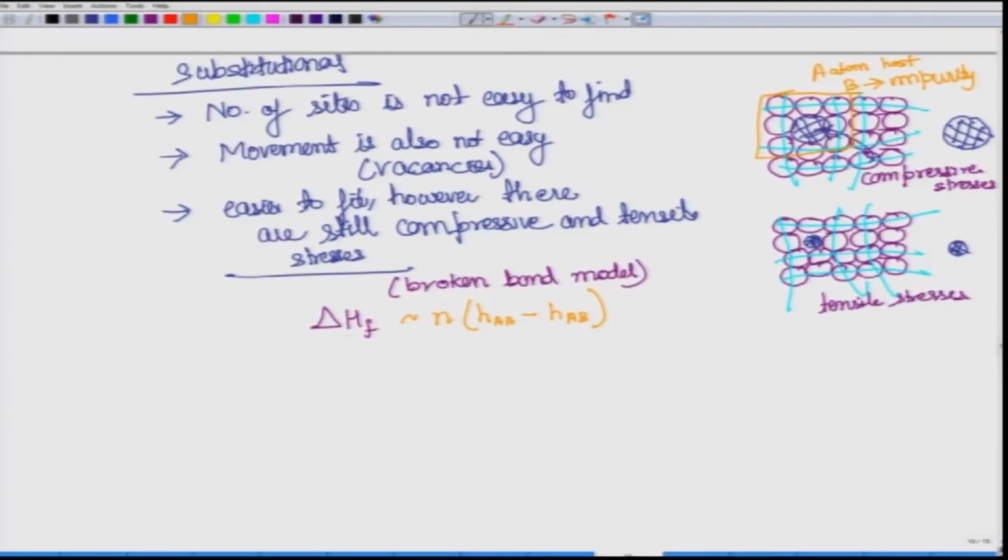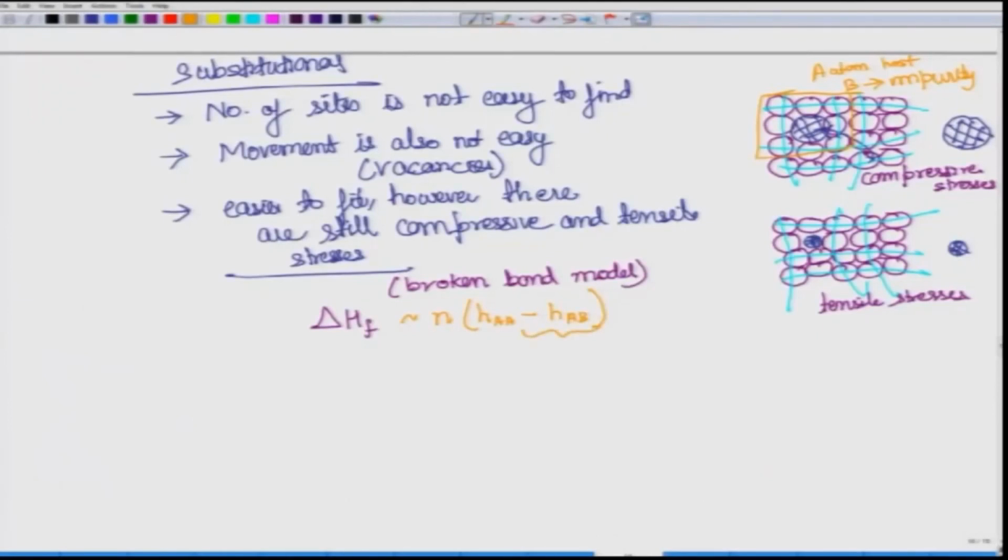So, this delta H formation would be related to the difference in the bonding energy between these two. If you remember, for vacancy also we said that the formation energy would be related to the number of broken bonds. Here the bonds are broken, but they are also getting replaced by another substitute atom. So, that is represented by this HAB.